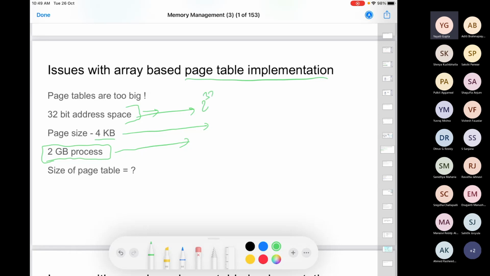So you have 2 raised to the power 32 locations in the memory. Right. This is the size of your memory. This is the size of your page. And this is the size of your process. So how big will the page table be?